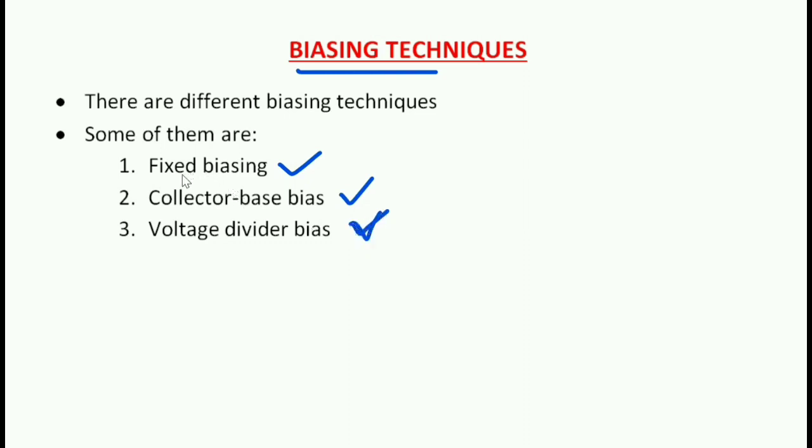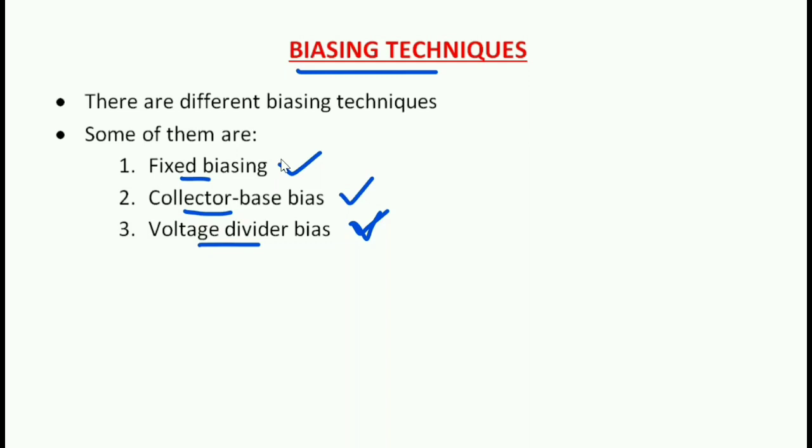Fixed biasing is a simple circuit and is one of the biasing techniques. Collector biasing is somewhat similar to fixed biasing, and the most prominent and most effective way of biasing is voltage divider bias. Let us see why.